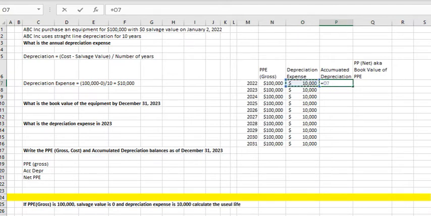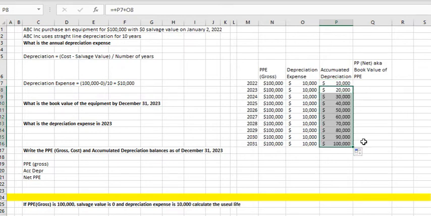Our accumulated depreciation is going to be the sum of previous depreciation plus that current year's depreciation. So in year 1 accumulated depreciation is $10,000. In year 2 it's $20,000, and so forth until year 10, where you have accumulated depreciation of $100,000.